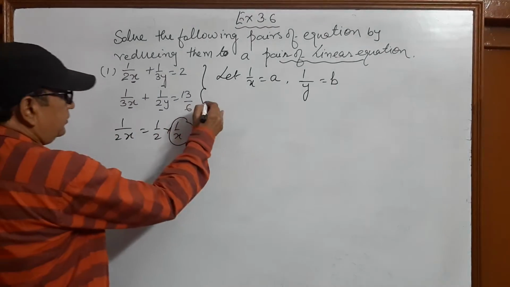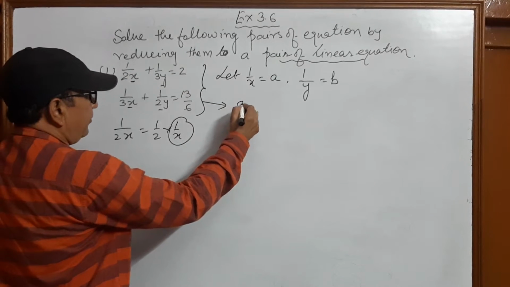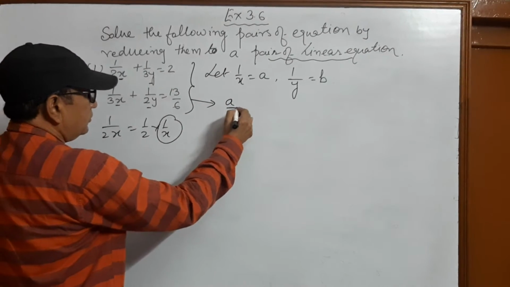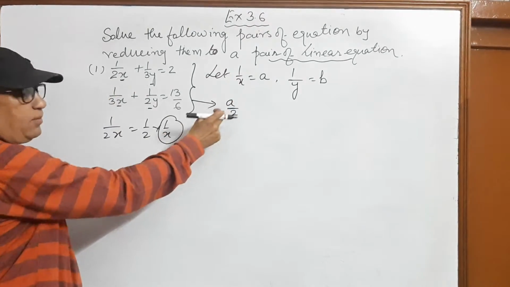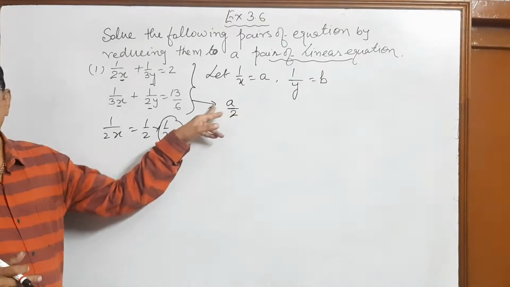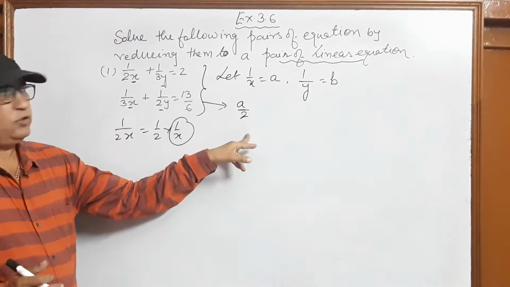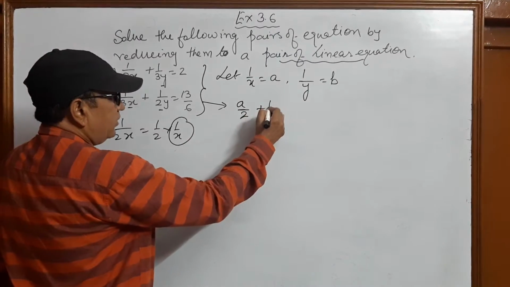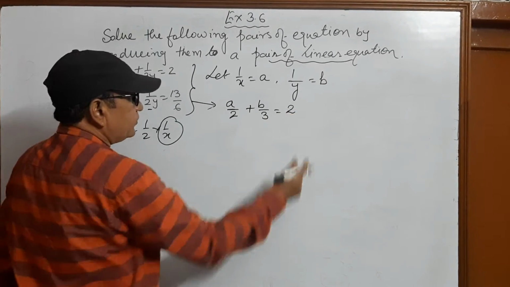Now the equation changes: 1 by 2x becomes a upon 2, because 2 is the denominator. Remember it. It does not become 2a. Many students make a mistake here. They write simply 2a, but actually it is a by 2. In the same way, it is b by 3 equals 2 as it is.